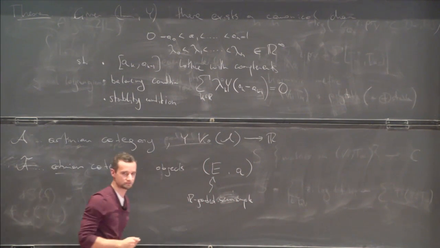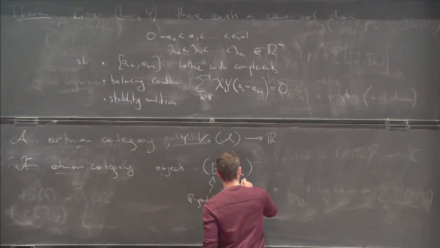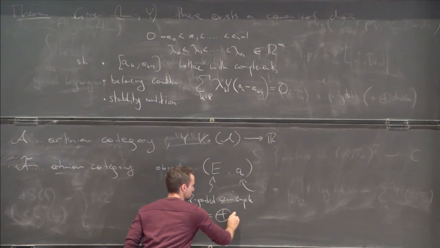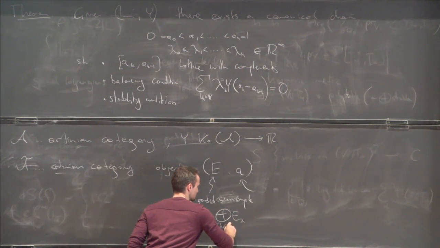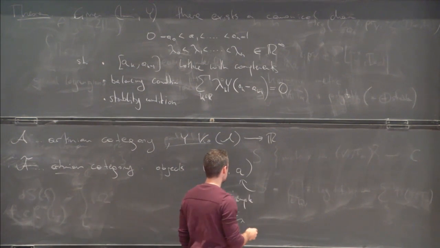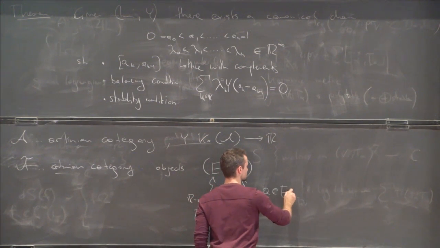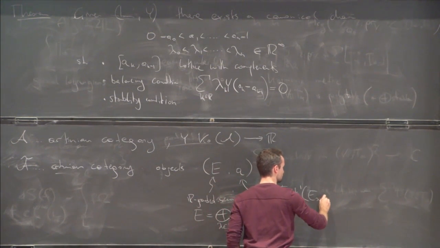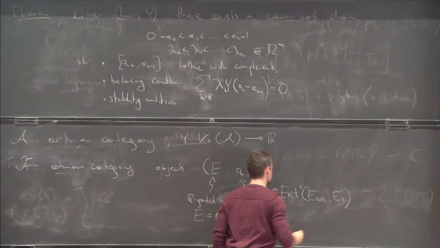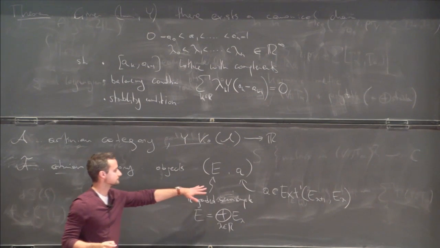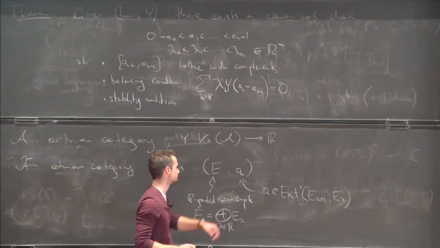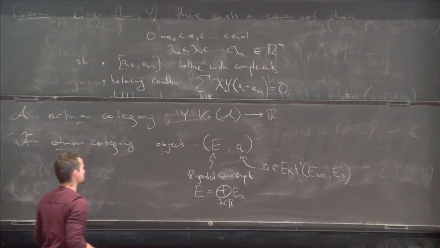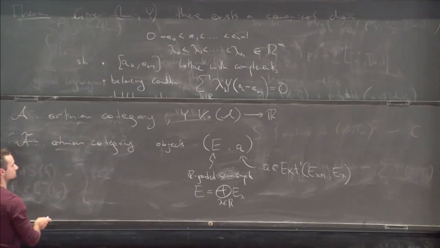Think of it like the associated graded of your filtration. And A here is some extension data. So E is some sum of E lambdas, so it's R-graded, and A should be in Ext1 of E lambda plus 1 to E lambda. And morphisms are just intertwining morphisms in here. And this category, again, has a central charge, which is a sort of deformation of your original central charge.